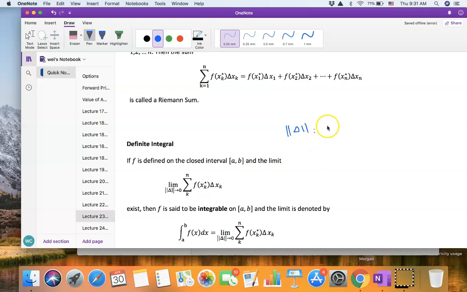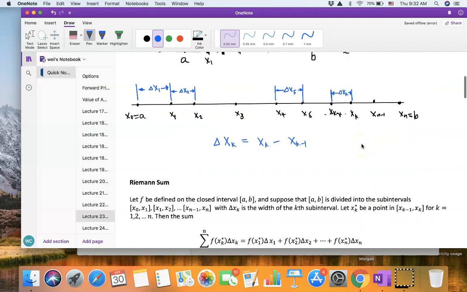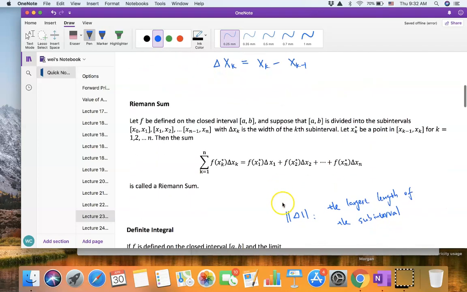It stands for the largest length of one of these subintervals.